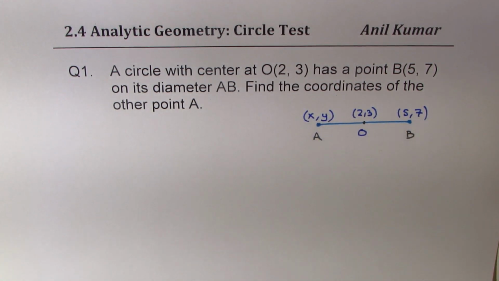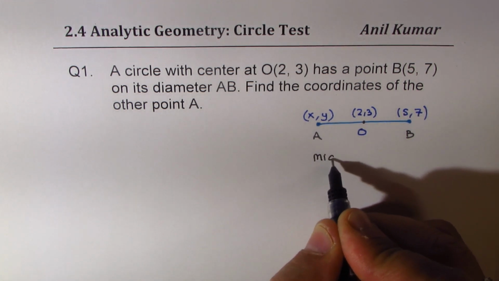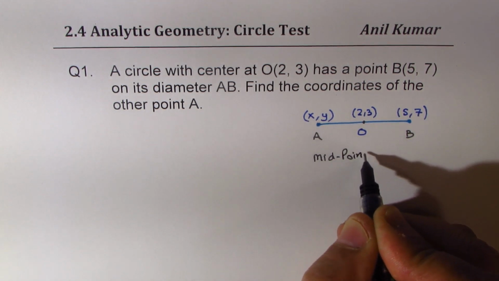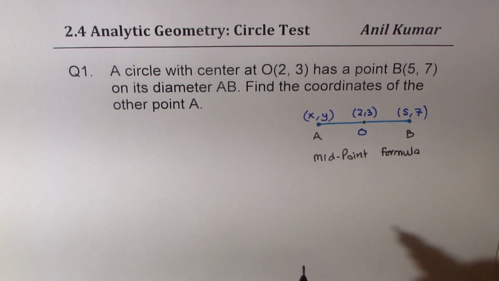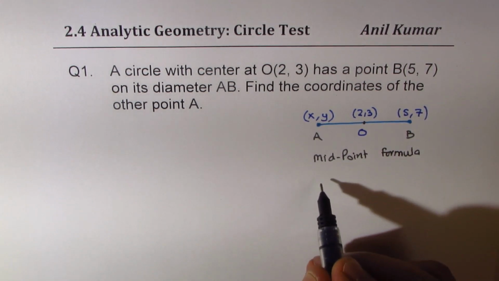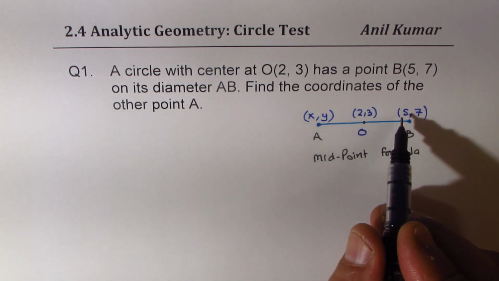How do we find this? So the strategy here is to use the midpoint formula, right? Now, the midpoint is the average of the two extreme points, correct?